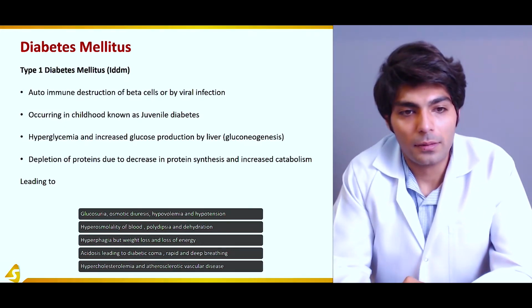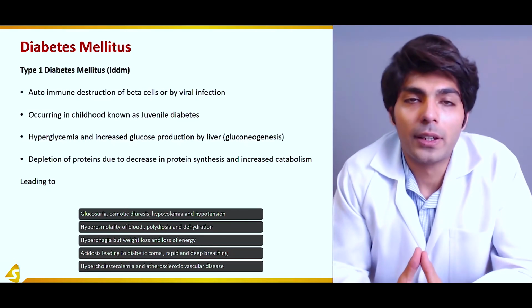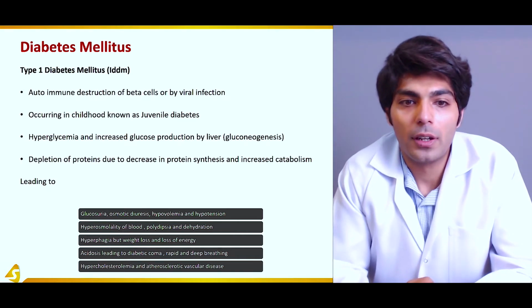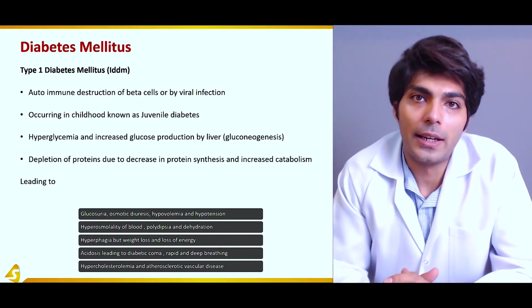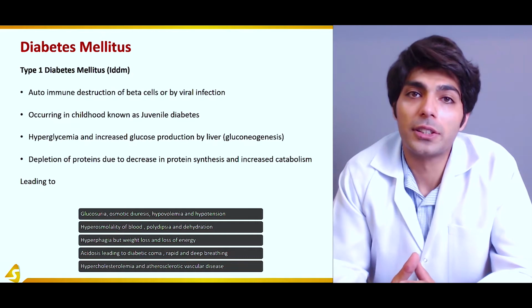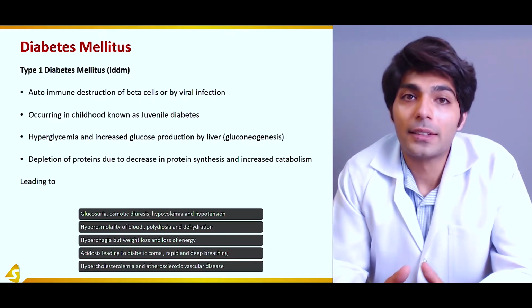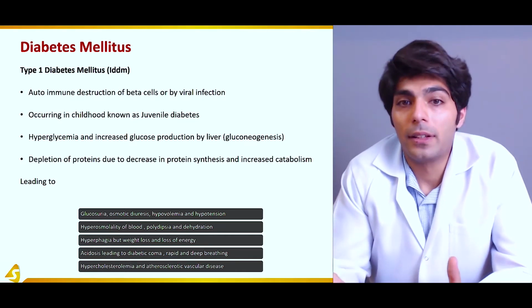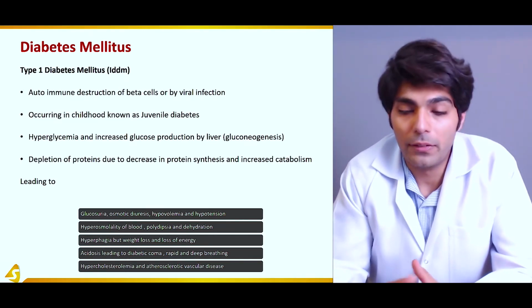So these are the effects of type 1 diabetes mellitus. To keep this short, we should know that it is a juvenile diabetes. It usually occurs in childhood. It is an autoimmune destruction of the beta cells and also by viral infection.